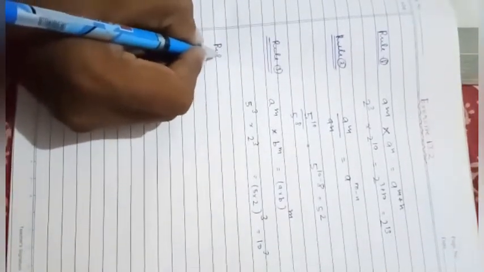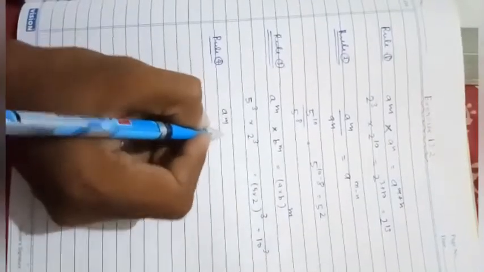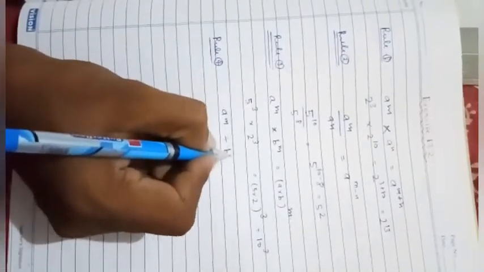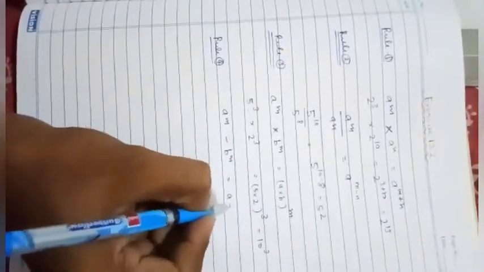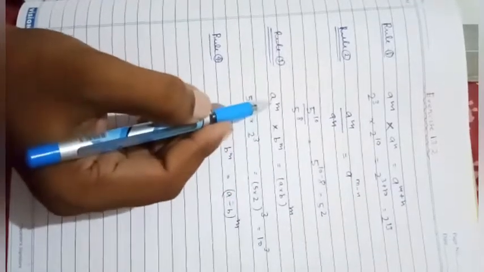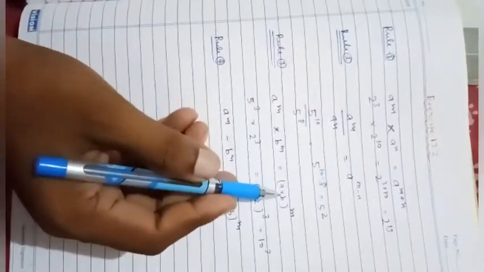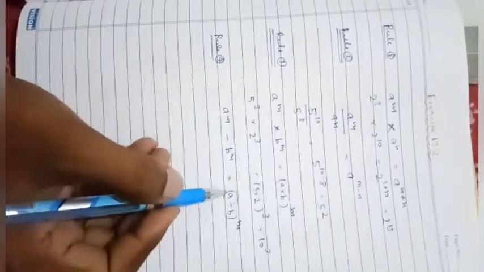Now rule 4, a raised to m divided by b raised to m. Again this would be a divided by b, whole raised to m. Like in the case of multiplication I have multiplied both the bases a and b, in the case of division, if the powers are same and the bases are different, you have to divide the bases and you have to copy the power.